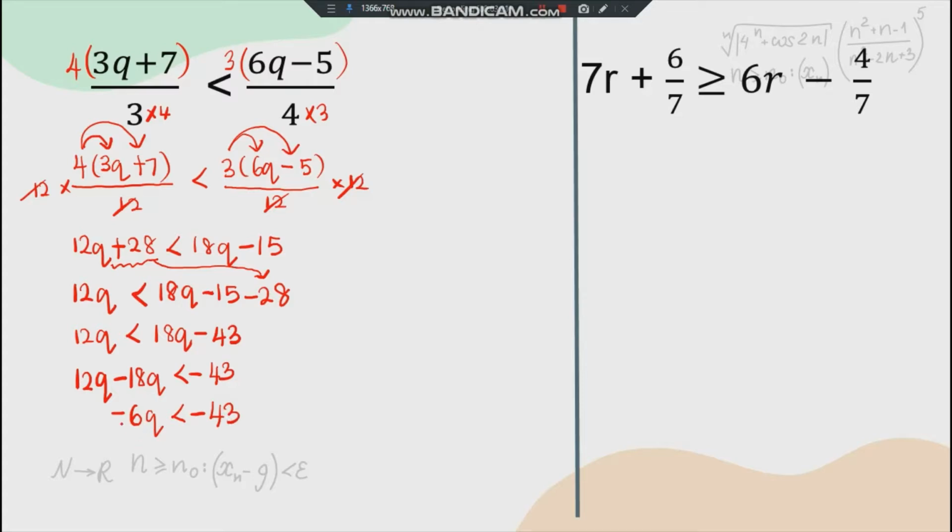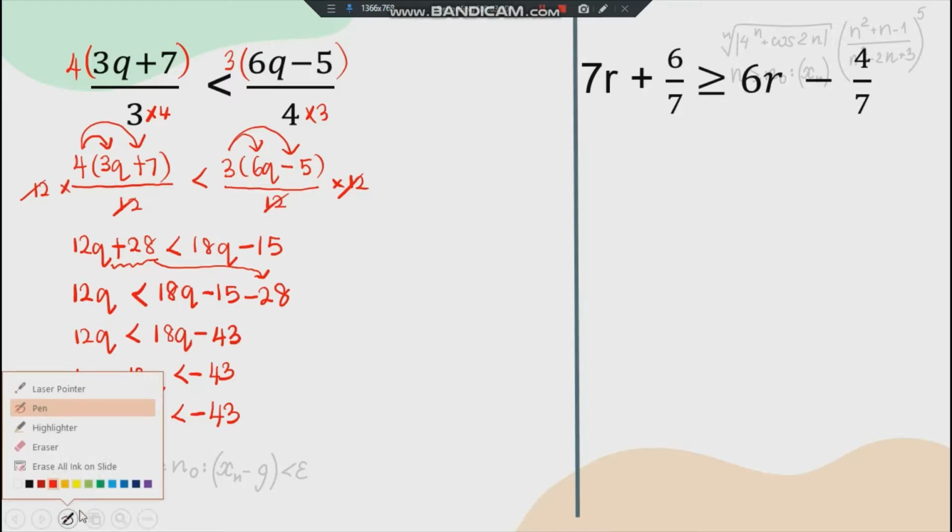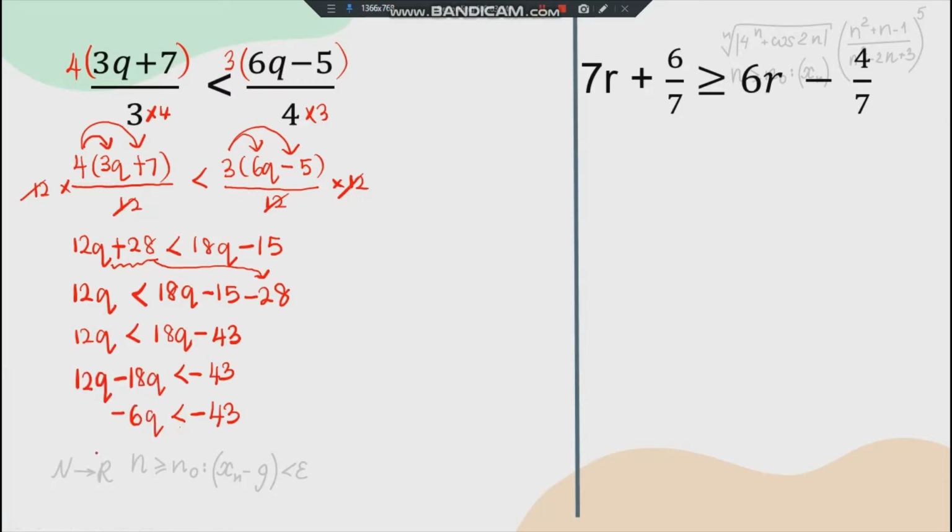So we want to get rid of our negative 6, so we need to divide with negative 6. Negative 6q divided by negative 6. So we are dividing with negative numbers, so we need to change our inequality symbol.